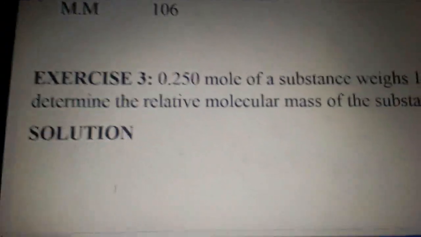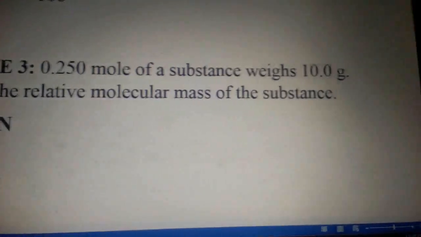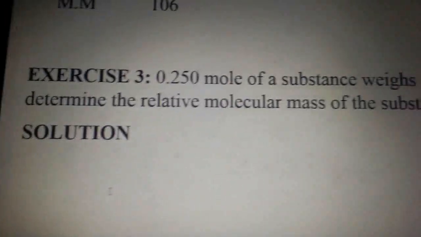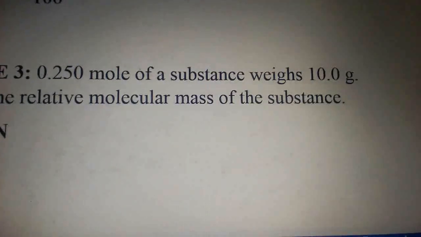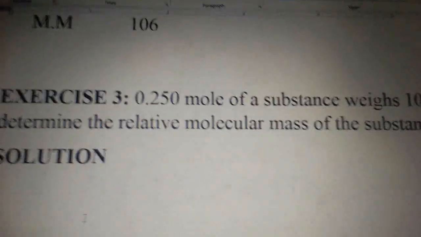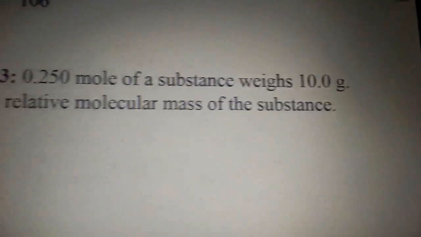Go to exercise 3. That says 0.250 mole of a substance weighs 10.0 grams. Determine the relative molecular mass of the substance. So look at the values given to us. 0.250 is the number of moles, while 10.0 is the mass.